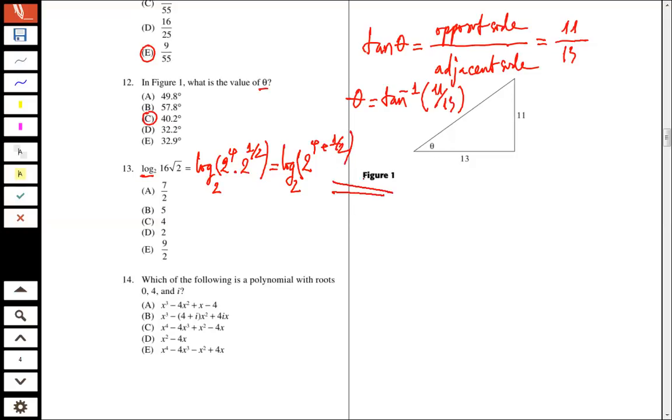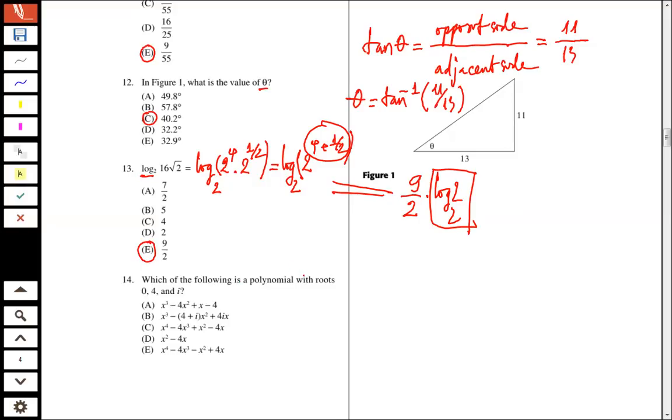We can move the exponent to put in front of the log base 2. We put here 9/2 times log base 2 of 2. And we remember that log base 2 of 2 equal 1. We can say it is 9/2. Option E.